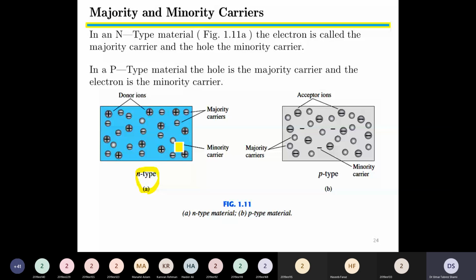And in p-type material, we have the holes in majority, whereas electrons are in minority. Very few electrons.